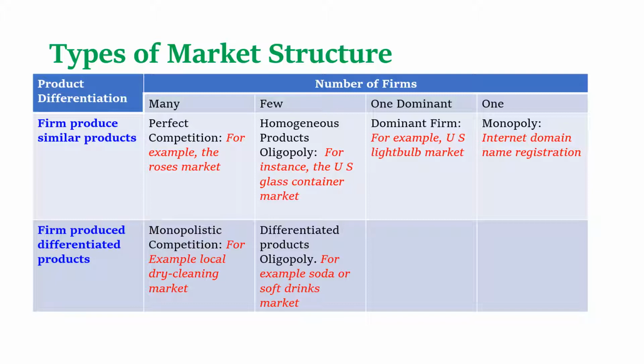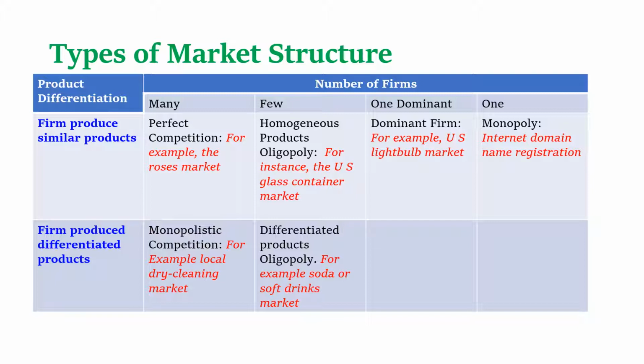Then you also have the case of very few firms producing differentiated products, right? So this is the case of a differentiated product oligopoly. Now you have two types of oligopoly. You have the one that produces similar products and the one that produces what? Different products. Okay? So this is the case of a differentiated product oligopoly, right?